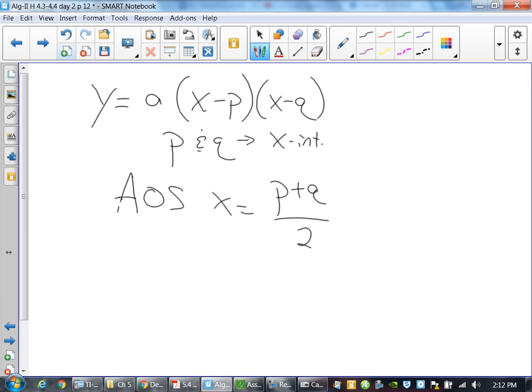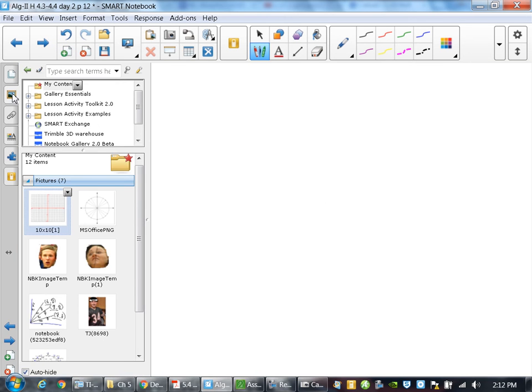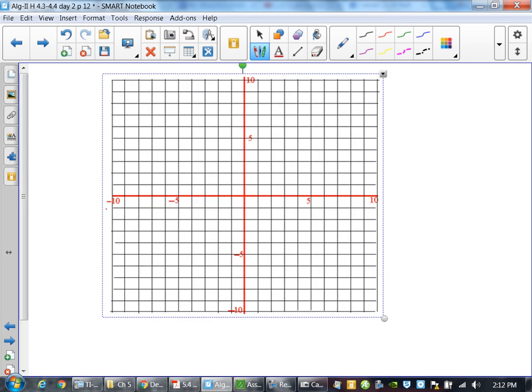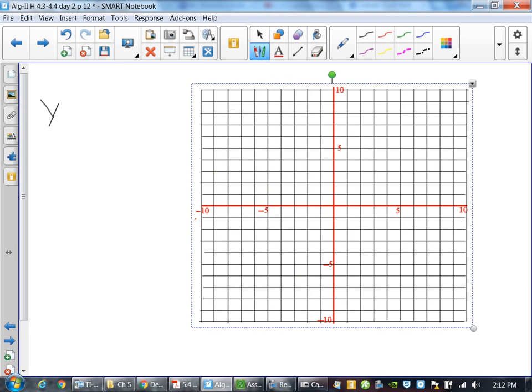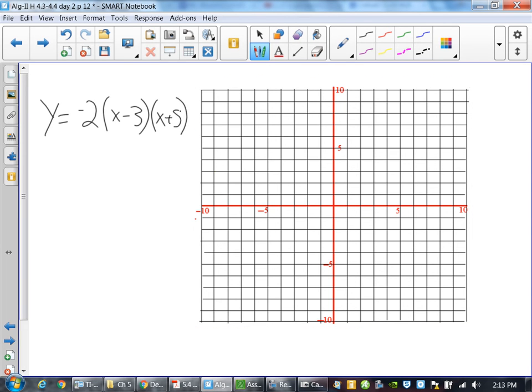What I'm saying is that when you have intercept form, when you have something given to you directly as an intercept, let's see if I can make one up real quick. Y equals -2 (x minus 3)(x plus 5). If I have a problem like this right off the bat, I have zeros at 3 and -5. Do you agree with me on that?